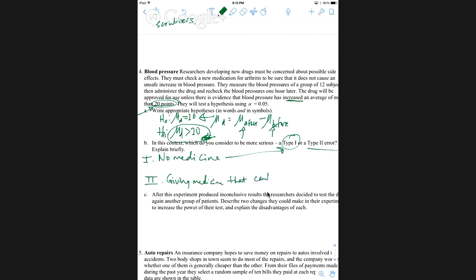That can be dangerous, right? We could be giving them medicine that could be bringing up their blood pressure and possibly kill them. Well, I think this one is more serious in context than this one. In a type 1, sure, we might not help those people that could get help, but we're not killing them. That's what we're doing here, right? That's dangerous. We might end up being in trouble there.